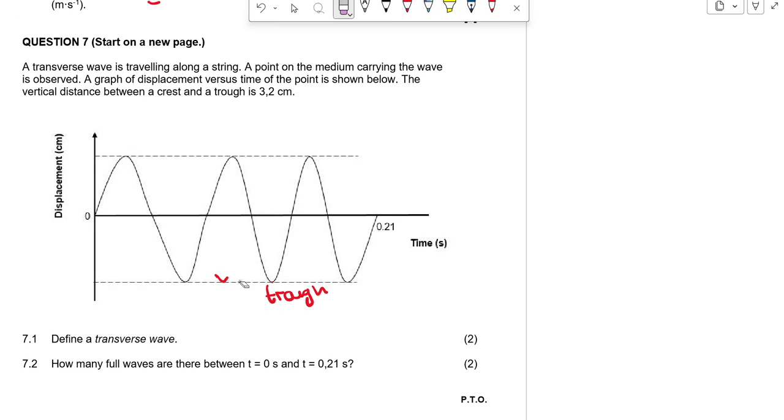So here's the thing that they say: define a transverse wave. So 7.1.